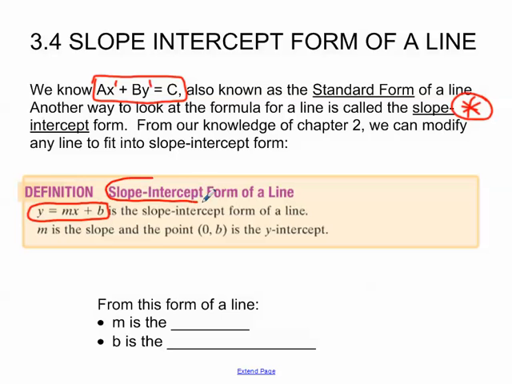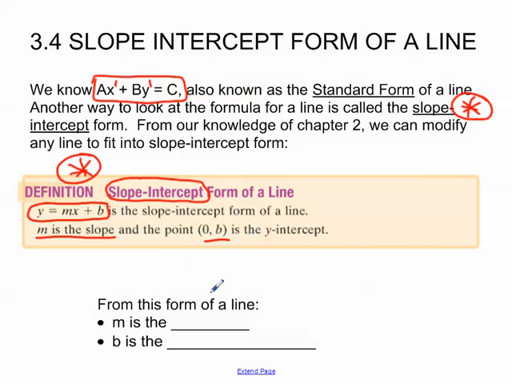So if you're looking to set up a cheat sheet or a study guide, add this to your study guide, and I would strongly recommend creating a study guide. The slope-intercept form of a line is y equals mx plus b, and remember, slope is m, and the point (0, b) describes the y-intercept.